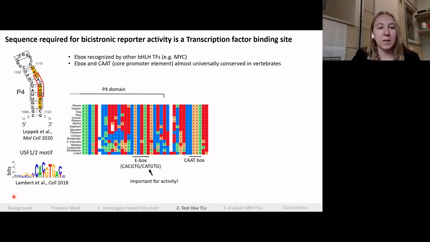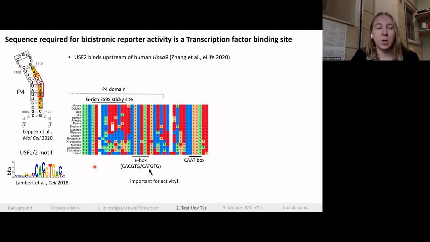And we found that the E-box region, the CACGTG motif, is almost universally conserved, as well as the CAAT box core promoter element. Meanwhile, the G-rich region, or this loop region, which has propensity to bind to the expansion segment, is not similarly conserved.